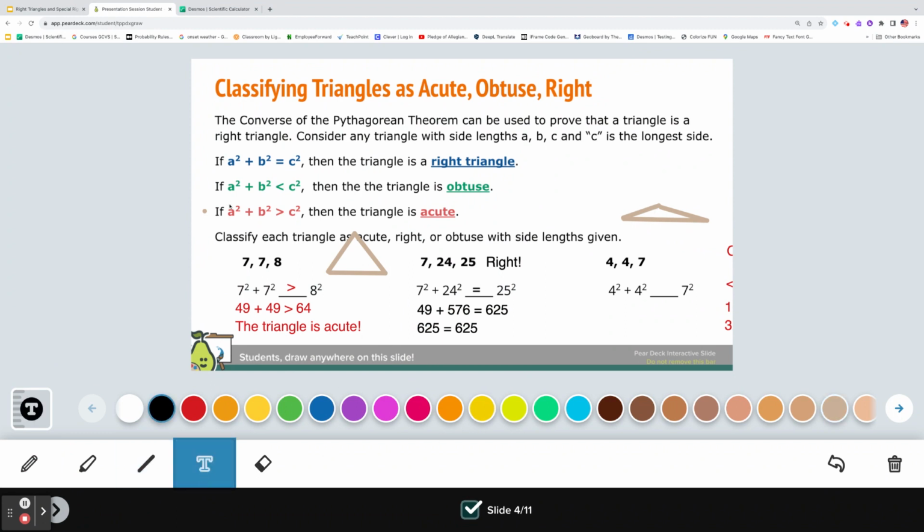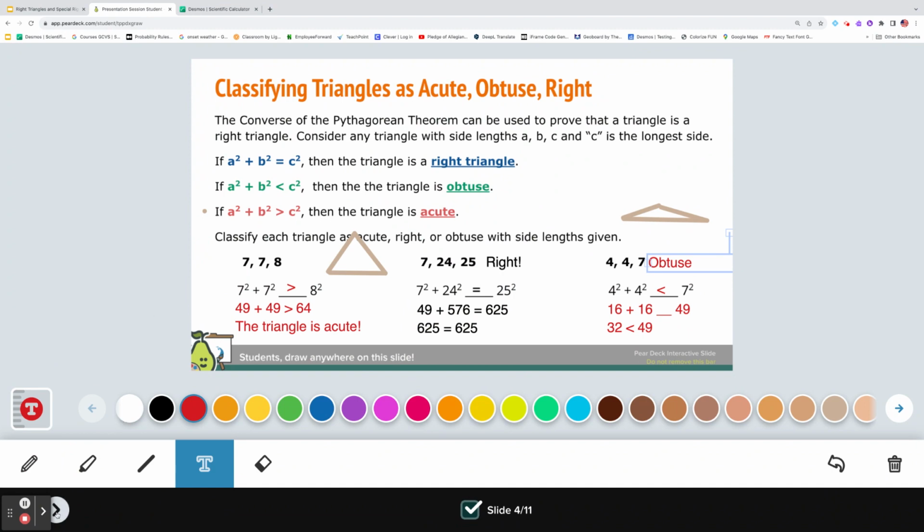Now, we'll use this relationship that if A squared plus B squared is less than C squared, the triangle is obtuse. So we're going to take a look at 4 squared plus 4 squared and compare it to 7 squared. 16 plus 16 is 32. 32 is definitely less than 49. So this is an obtuse triangle that we're talking about.